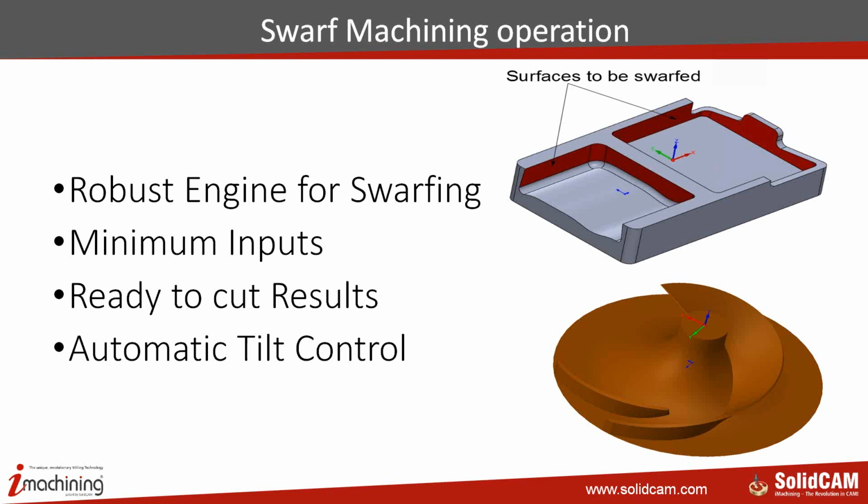And the best part of these toolpaths is they are ready to cut. You don't need to do any changes. They are ready to cut, gouge free, always. And the tilt control is automatic. No need for defining any kind of tilt settings. The software will handle the tilt control all by itself.